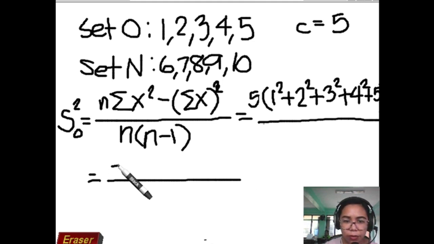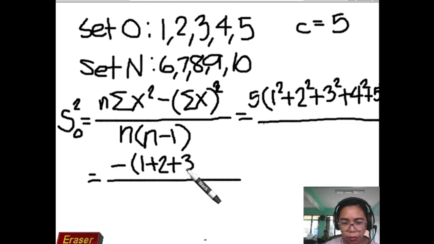We have minus. We get the sum 1, 2, 3, 4, and 5.